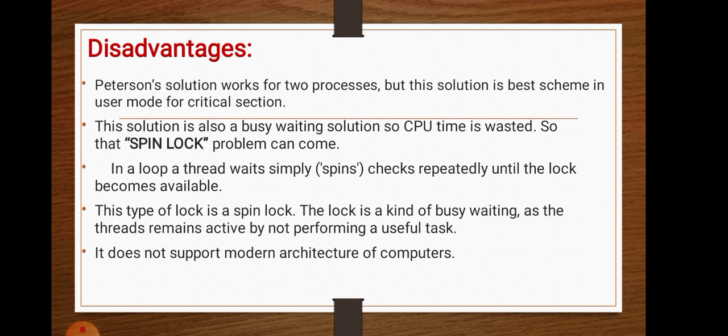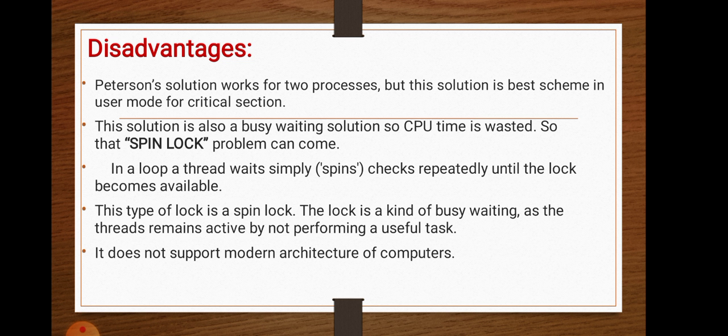Why? Because if one process is executing in its critical section, the other process must wait here. So this solution is also busy waiting. If it waits for a long time, CPU time is going to be wasted. That problem is nothing but a spin lock.